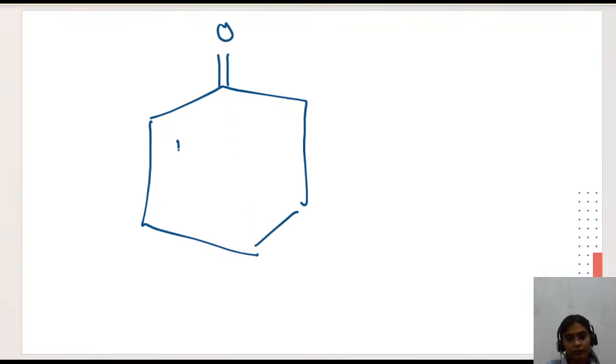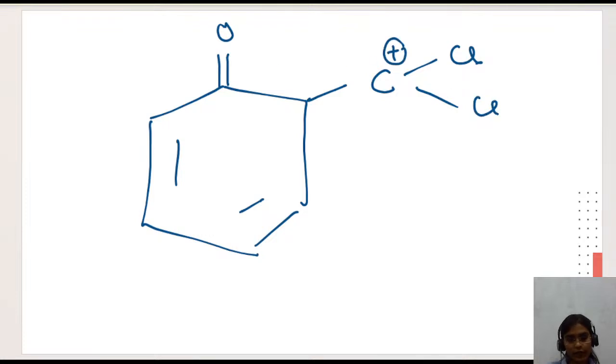It's a double bond. So it's a carbon, chlorine, chlorine. Carbon has a positive charge. Okay, so this is a hydrogen. So basically what is happening? This is how the bond breaks.